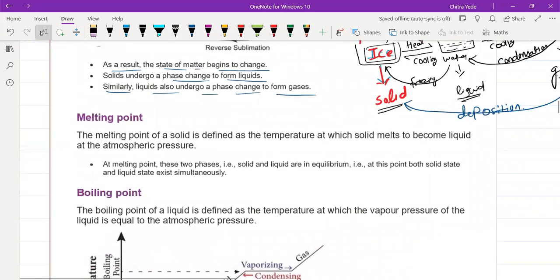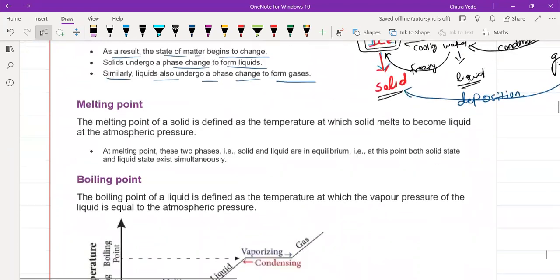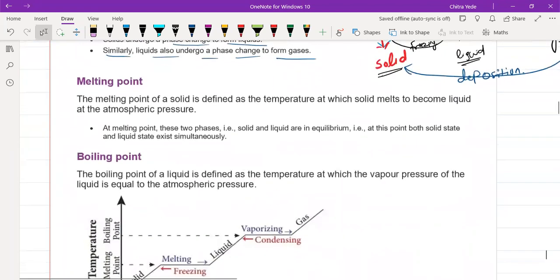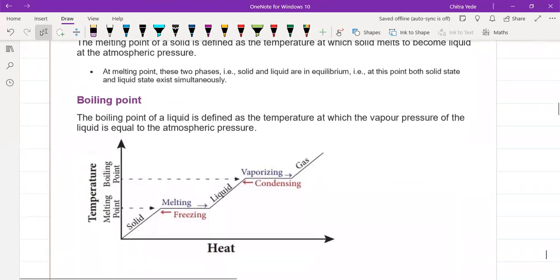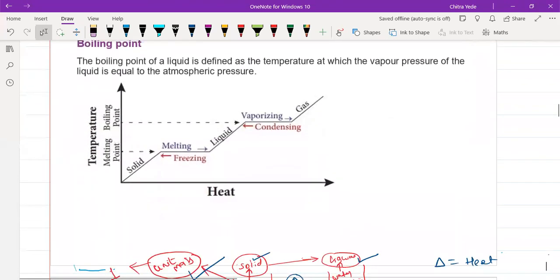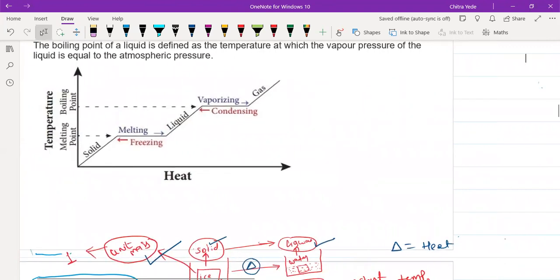Didn't we cover that? Okay, so we'll do one thing. We have started latent heat, so we will cover that, and then we will start melting and boiling point.